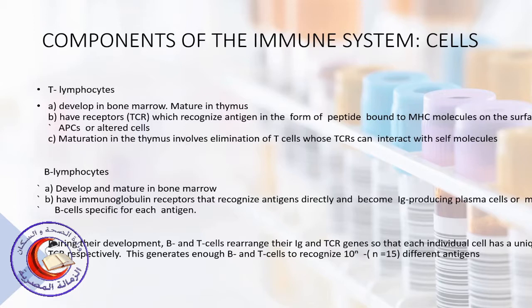Each gene has a segment from this gene, a segment from that gene, a segment from a third gene, and eventually the gene will be different in structure, encoding a different receptor in each B and each T cell. This generates enough B and T cells to recognize up to 10 to the power 15 different antigens.